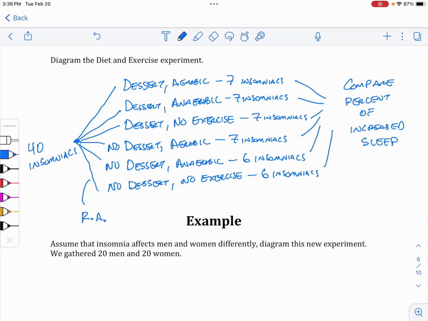I have my response variable, I have my treatment groups, and I have my subjects here. This doesn't have the factors or the levels. I mean, you can identify the levels from here, but basically, when we identified this individually, we found all the pieces already to put this diagram together. But sometimes you can jump straight to the diagram. And that's why this is our picture associated with experiments.